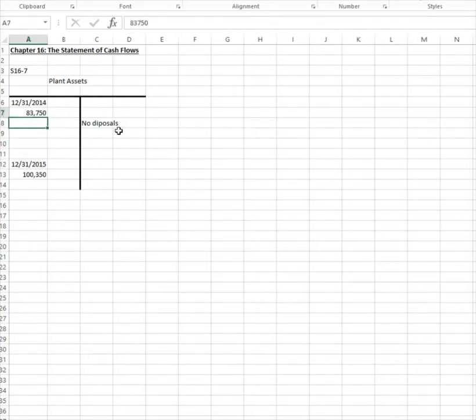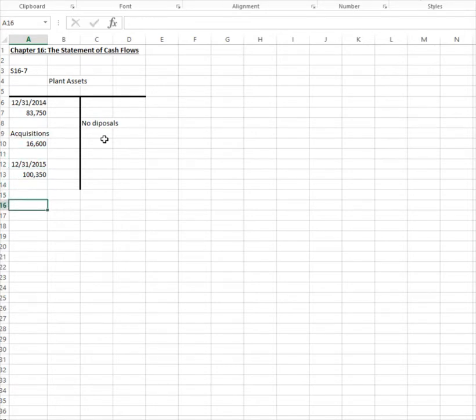So all we have to do is figure out what debit amount, added to this number, lets us arrive at this number at the end of the year. So I would just pick a cell in between these, put a little formula in here with the end amount minus the beginning amount, and that would be our acquisitions for the year.